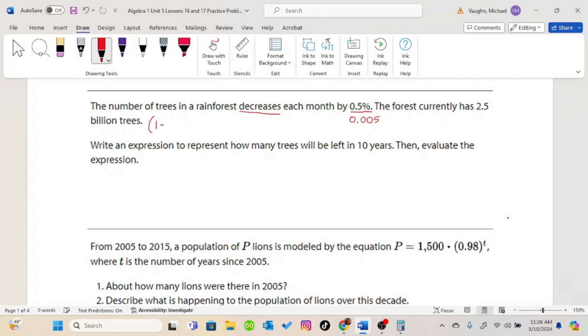So 1 minus 0.005 equals 0.995. It maintains 99.5% of the tree population. So this is going to be our growth factor.